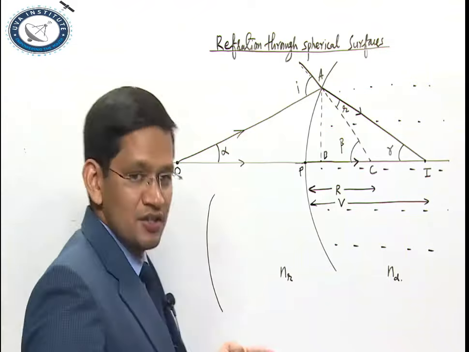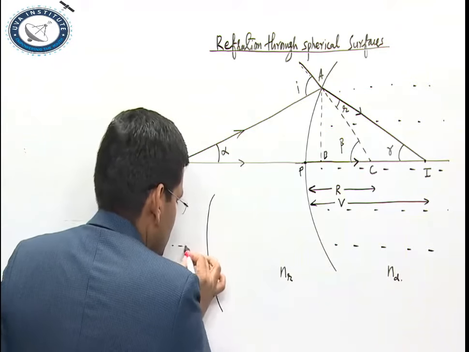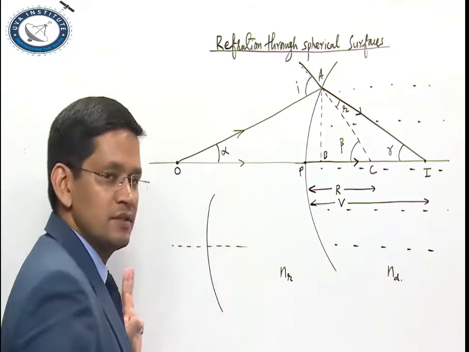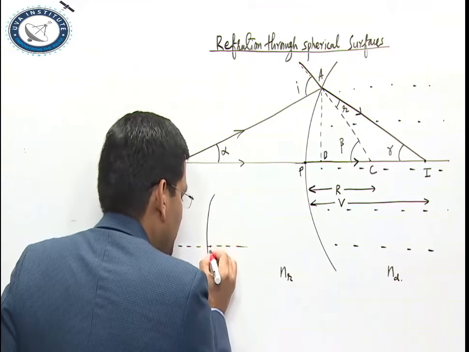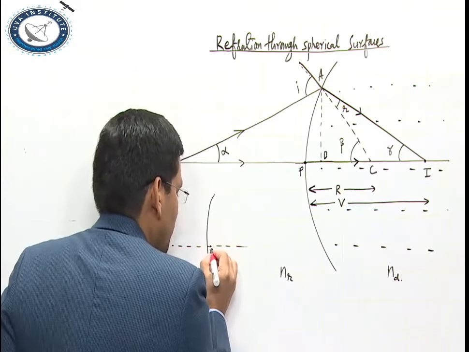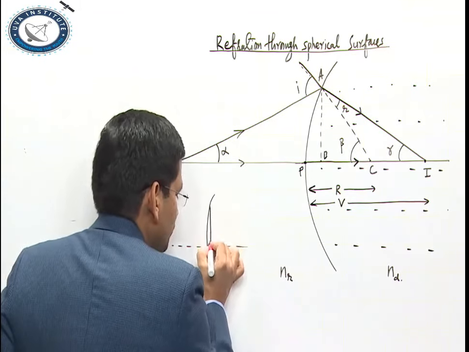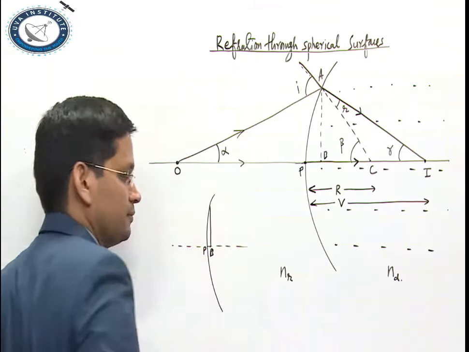If I make this a glass surface and this is point P, or let us say point B, you can assume that P and B are coinciding.